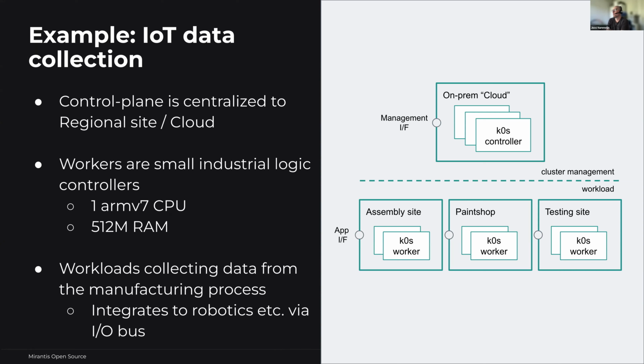For example, at one point we changed the default CNI to be kuberouter instead of Calico, based on this specific use case, because kuberouter is much more lightweight than Calico, and back then, that was like a year and a half ago, Calico didn't even support ARM 32 bits. So we didn't really have a choice.